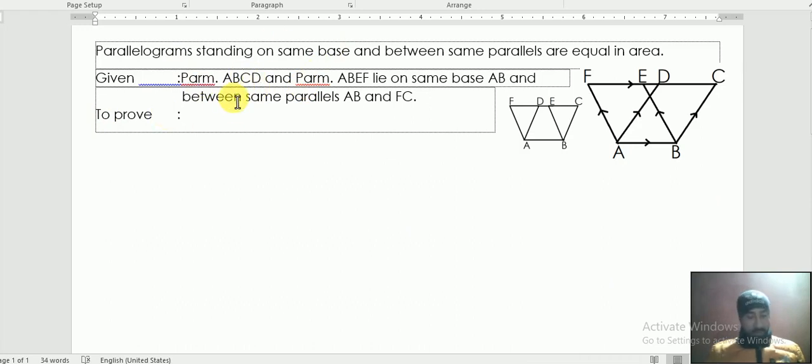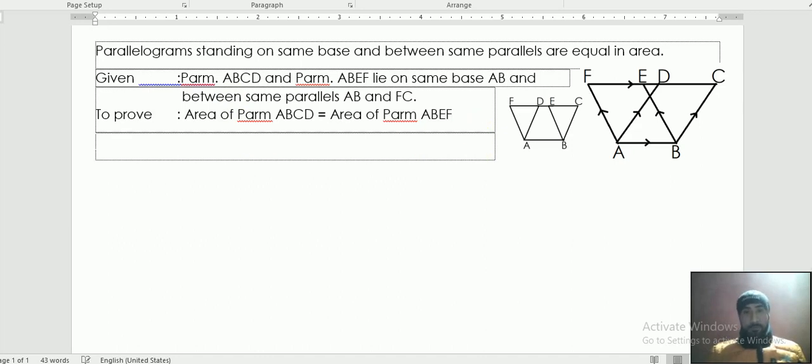That means the area of parallelogram ABCD is equal to the area of parallelogram ABEF. So this is the thing to be proved.